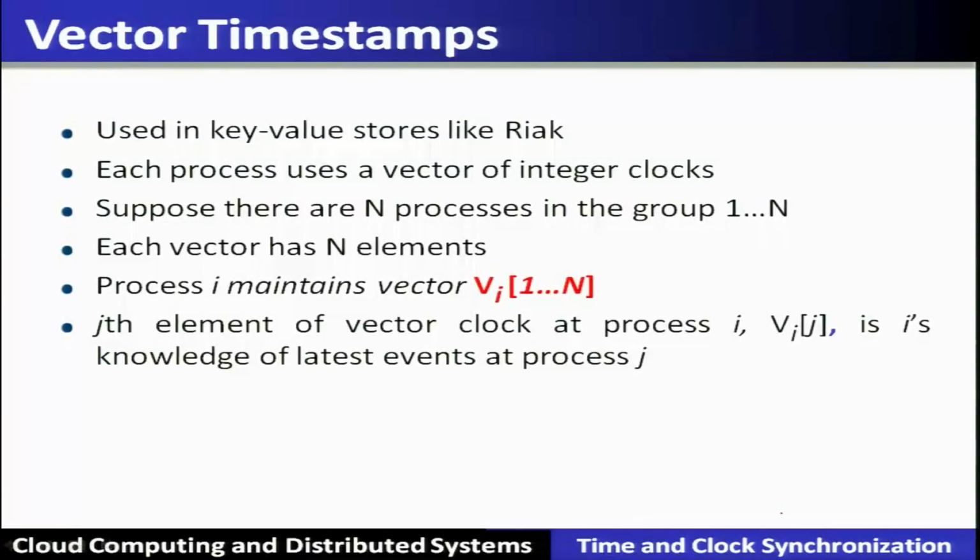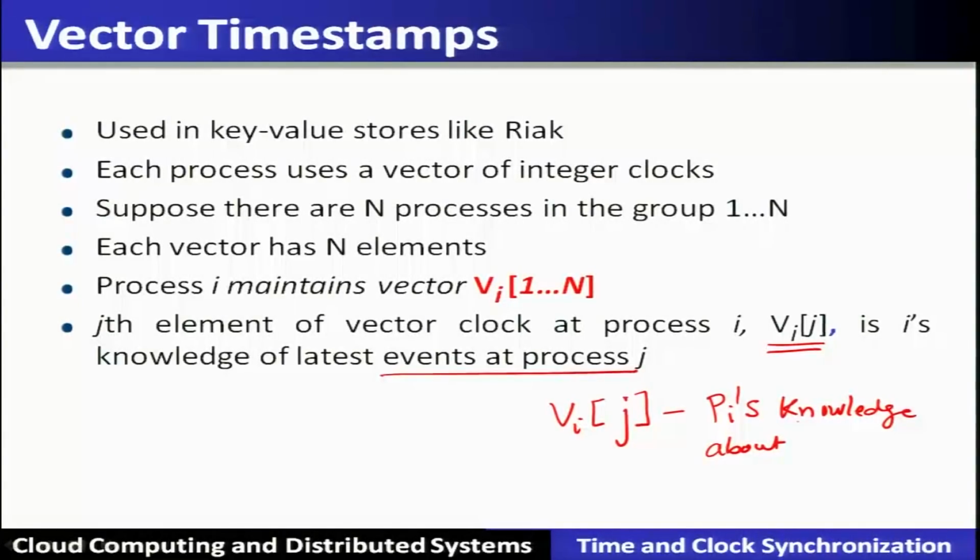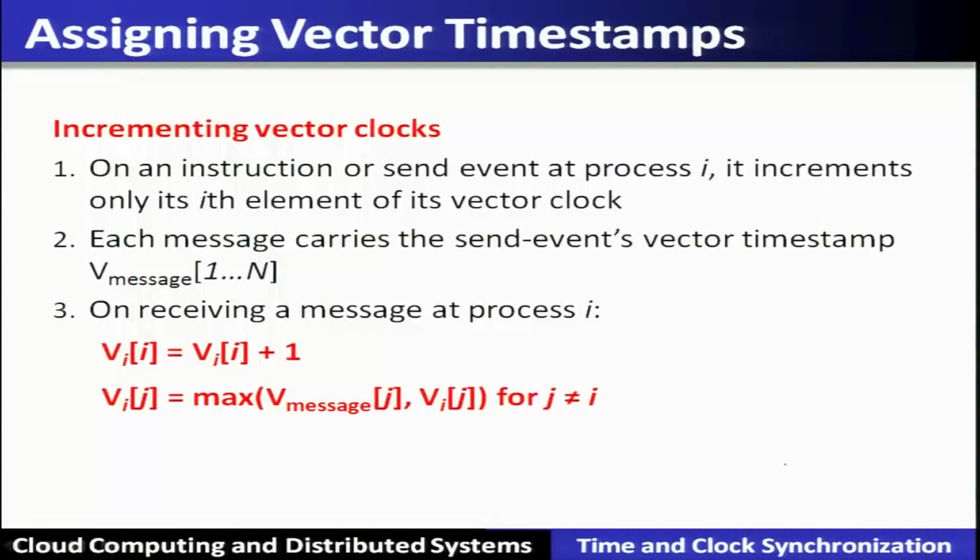Now, the jth element of the vector at process i is denoted by this, which indicates the process Pi's knowledge about the events at process j. So, this particular notation we are going to use further in understanding vector clocks.